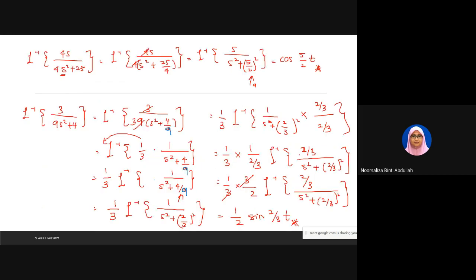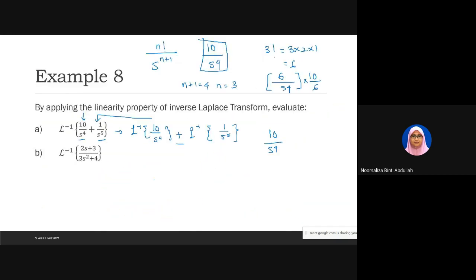Okay, it should be this one, n factorial over s kuasa n plus 1. So your n here, because your s kuasa 4, then your n is actually 3. 3, betul tak? Your n is 3. So s kuasa 3 plus 1, then you get s kuasa 4 here. If your n is 3, then here should be 3 factorial. So 3 factorial is 6.